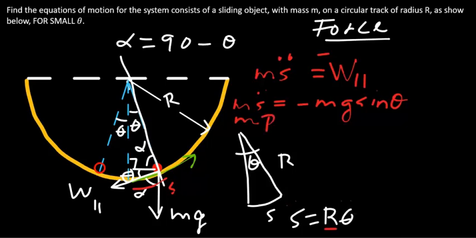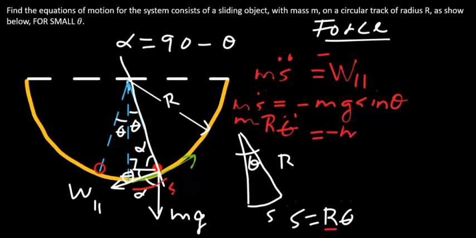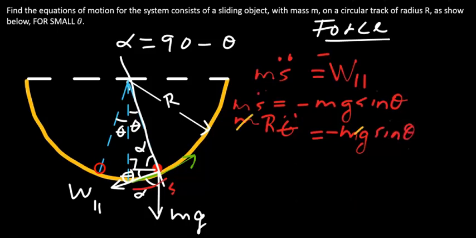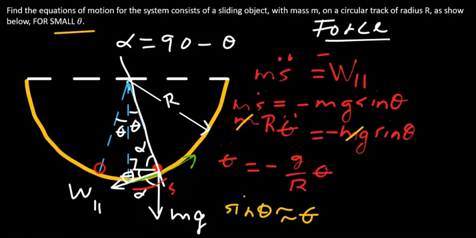So we write r theta double dot, that is the angular acceleration of this object as it moves, equals minus mg sine theta. m goes away, and since theta is very small, sine theta can be taken to be approximately equal to theta in radians. So the above equation simply becomes theta double dot equals minus g over r times theta.